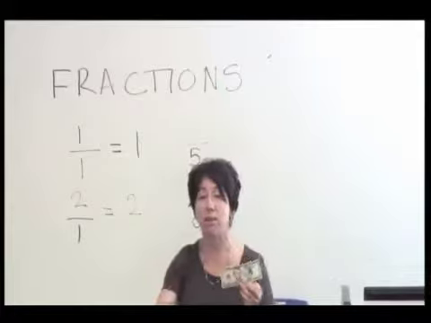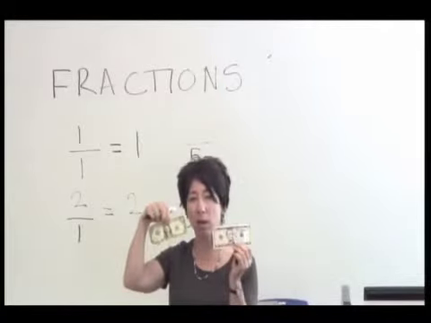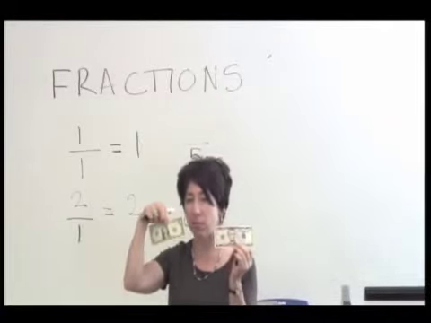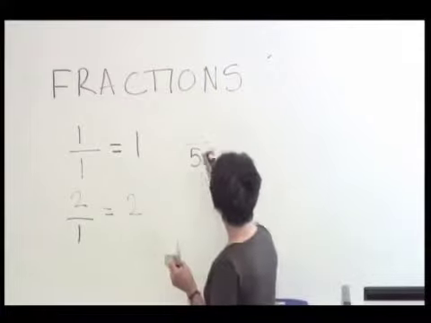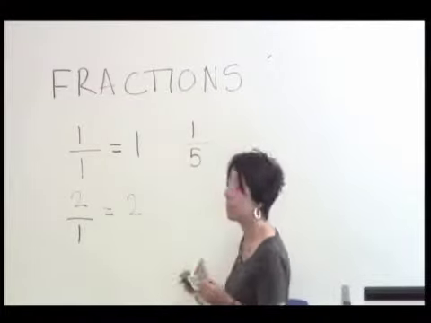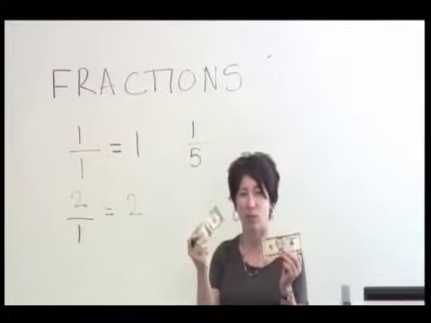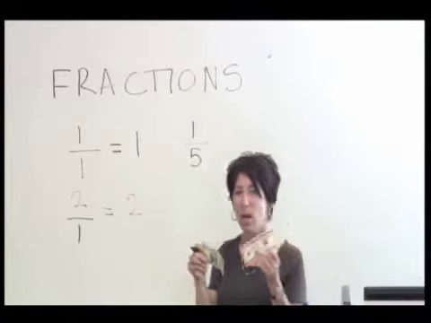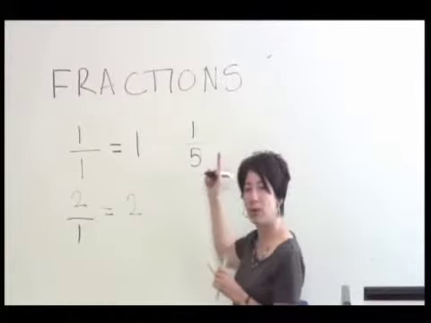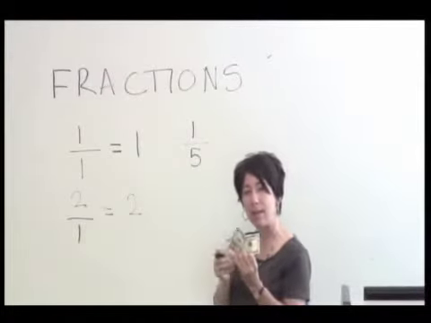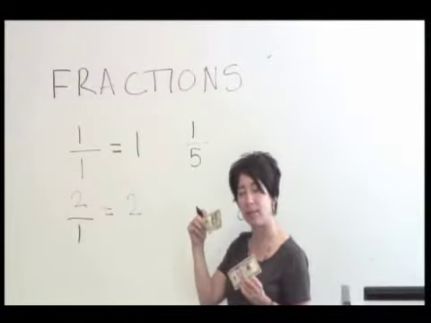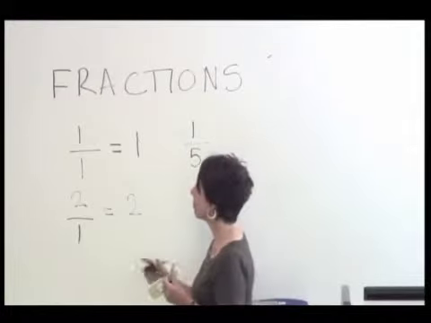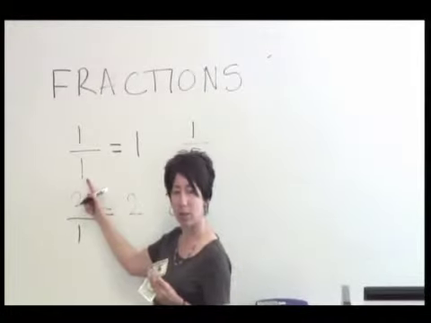And if I have $1, that's my part, so I have $1, this is my whole. I have a whole different fraction to describe this dollar compared to when my dollar was my whole.